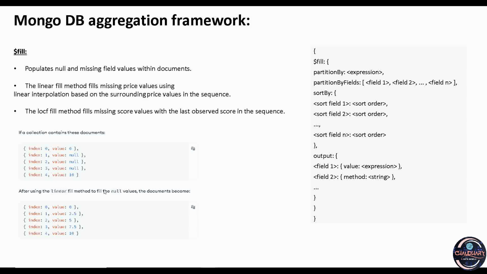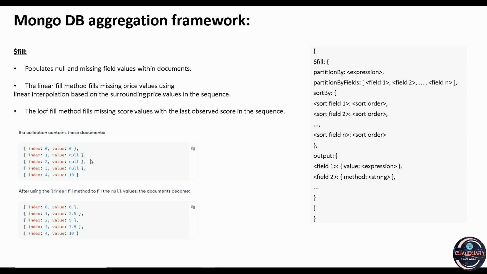Now we have another method, that is locf. What if we had used locf for filling out these null values? Then what would have happened? Locf looks for the previous value, and it fills out that null value with the previous value.